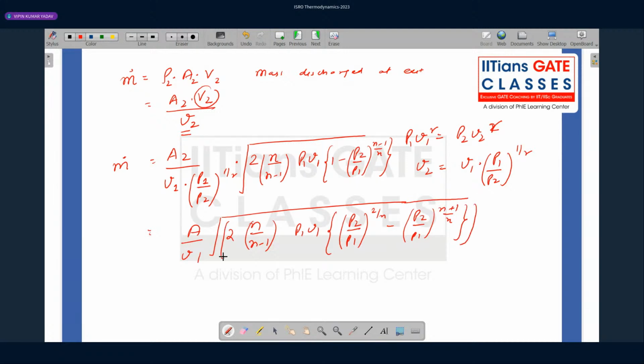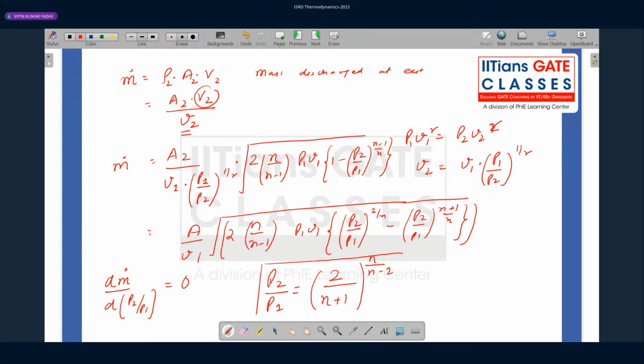So they are asking, tell us what is the pressure ratio for maximum discharge. That means I need to find the change of mass flow with respect to change in P2 by P1 and put it equal to 0. So I have to differentiate the whole equation with respect to P2 by P1 and put it equal to 0. This derivation we anyway do during the classes. So it is (2 upon n plus 1)^(n upon n minus 1).